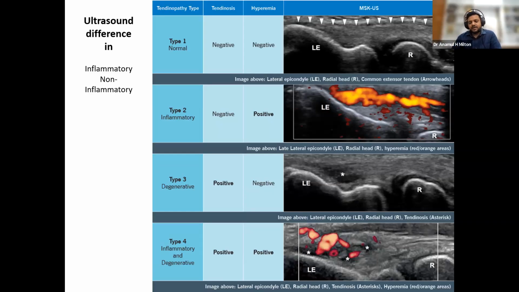The third one has no Doppler, and you can see there is degeneration and increased thickness of the tendon. And the fourth one has degeneration and also a small amount of color taken by the tendon, so this is both inflammation as well as some degeneration.